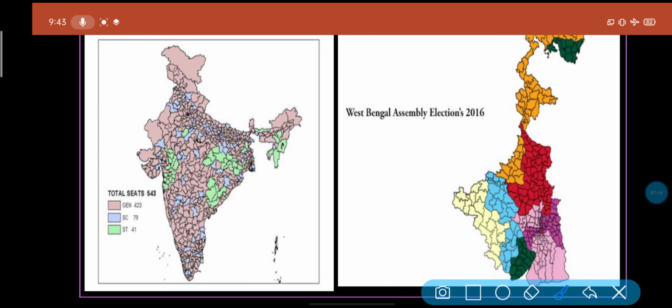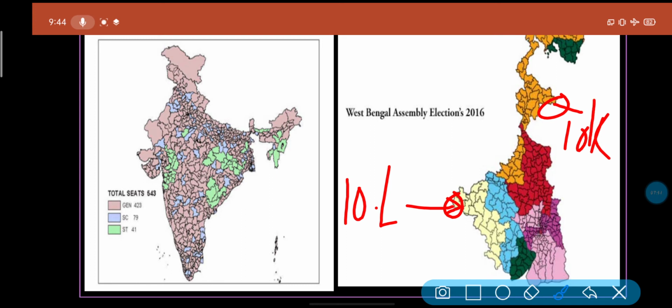Now suppose this particular area belongs to one constituency, and this constituency's population is 10 lakh. And if you see this other area, it belongs to 10,000.